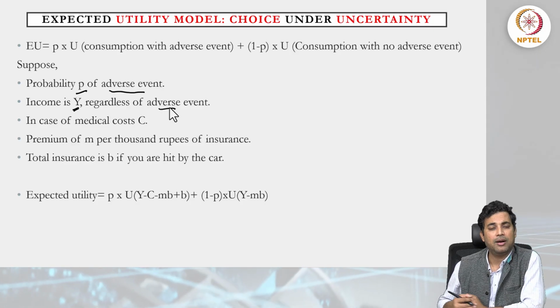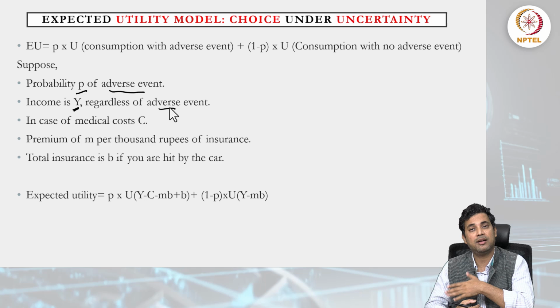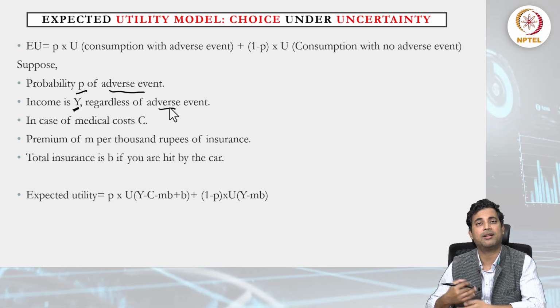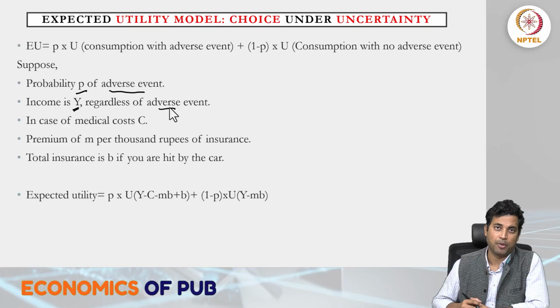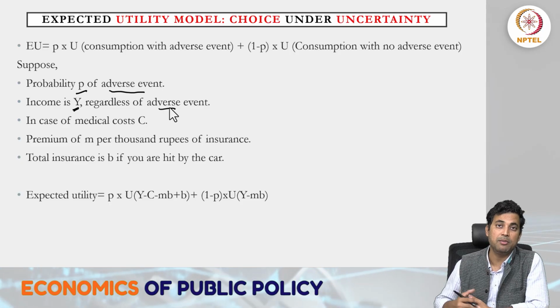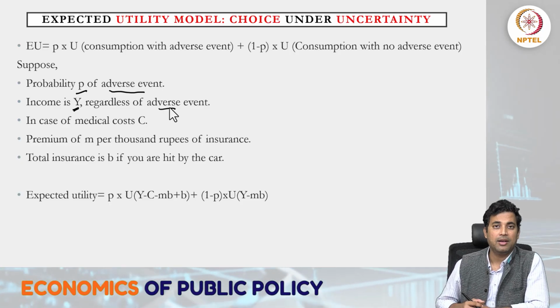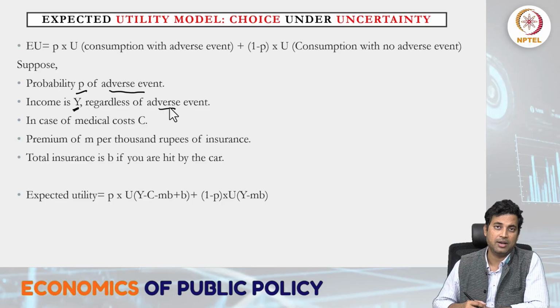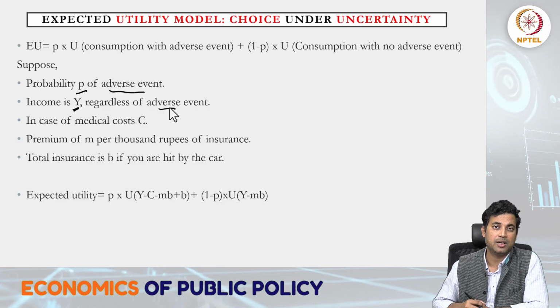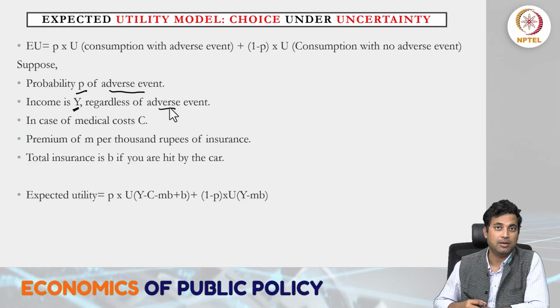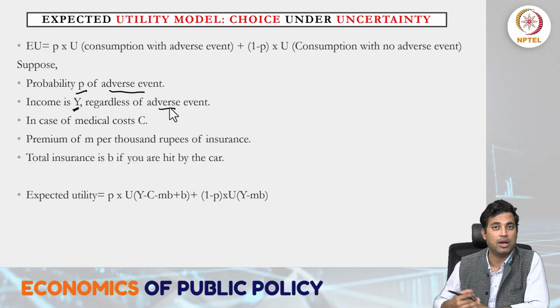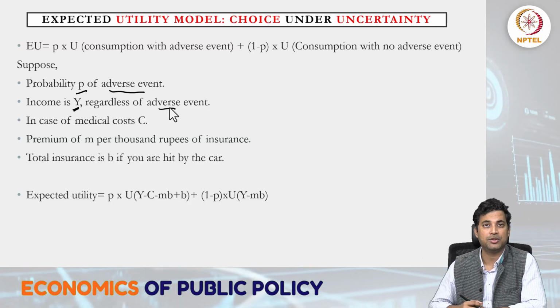So if my income is really high, I'll go ahead with a better policy, whose premium is much higher. If I have less income, then proportionately my insurance premium will be low, or I'll buy a lower valued insurance premium.